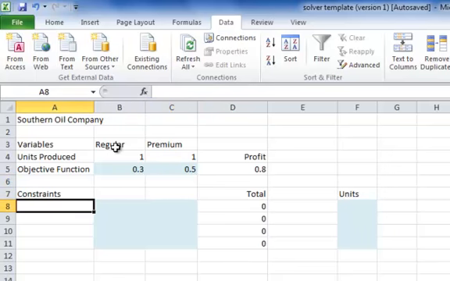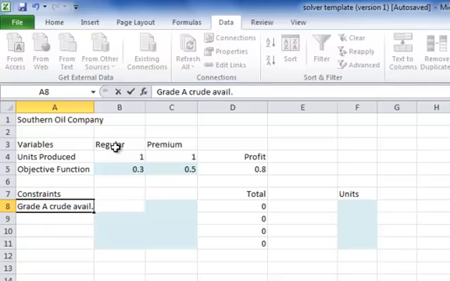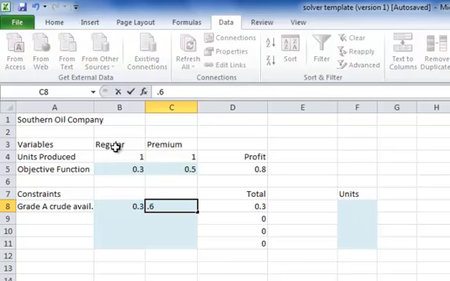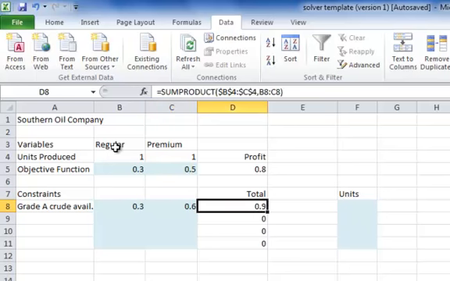How about our constraints? First constraint, grade A crude oil available. Every gallon of regular gas takes 0.3 gallons of crude oil, and every gallon of premium gas takes 0.6 gallons of crude oil.